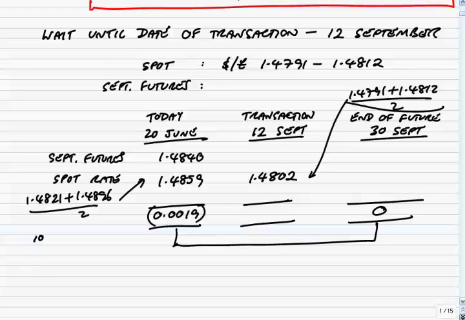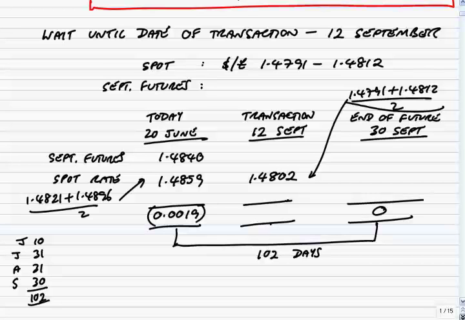July has how many days? 31. August has 31. September has 30. So I get 102 days. I'm not worried about 1 or 2 days, it'll make no difference, but 102 days.